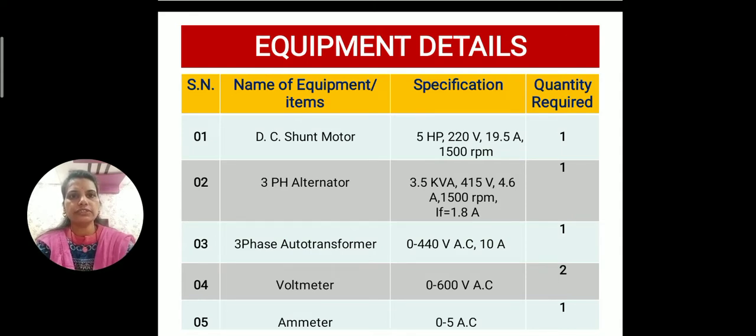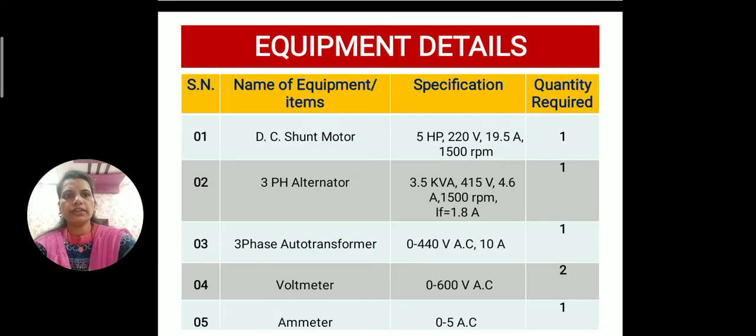First we require a DC shunt motor having the specification of 5 HP, 220 volt, 19.5 ampere and 1500 rpm. Second, we require a 3-phase alternator, that is a synchronous generator, of 3.5 kVA, 415 volt, 4.6 ampere, 1500 rpm and field current 1.8 ampere. Next is a 3-phase autotransformer, 0 to 440 volt AC and 10 ampere.